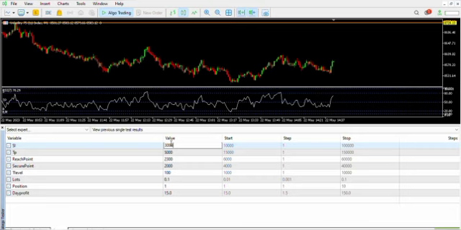This is just for VX 100. If you go to VX 75 and other VX, their points levels are different, but specifically for VX 100, the 3000 points you are seeing represents 30 pips. So that's it for VX 100.